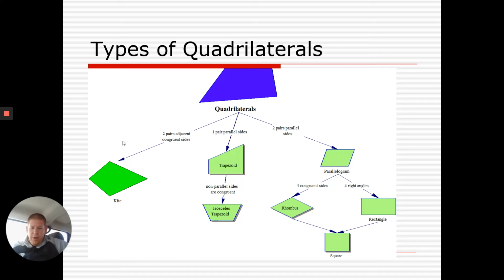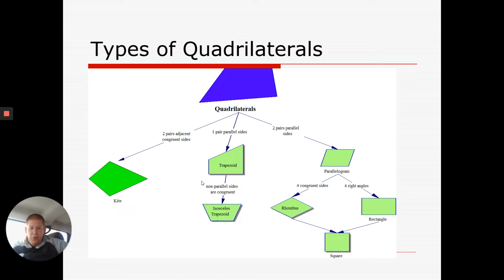When we go to the middle, quadrilaterals with one set of parallel sides, that's where we start talking about our trapezoids. You can see this trapezoid has a parallel line here and here, but the top diagonal line and the bottom line would not be parallel because they're eventually going to cross down here somewhere. And an isosceles trapezoid also has just the one set of parallel lines.